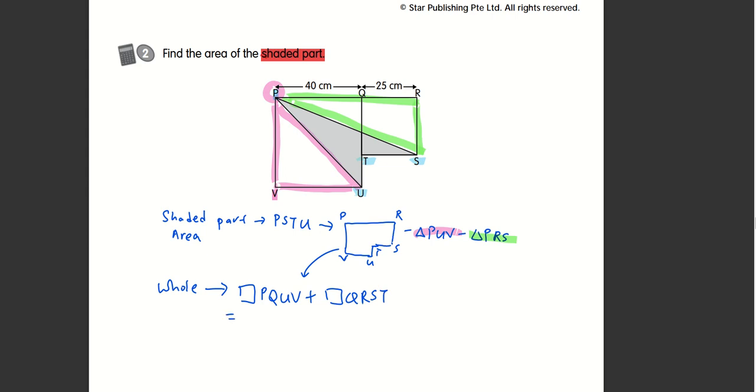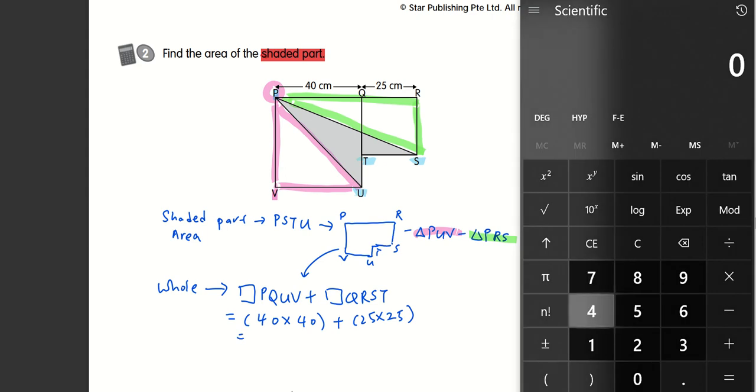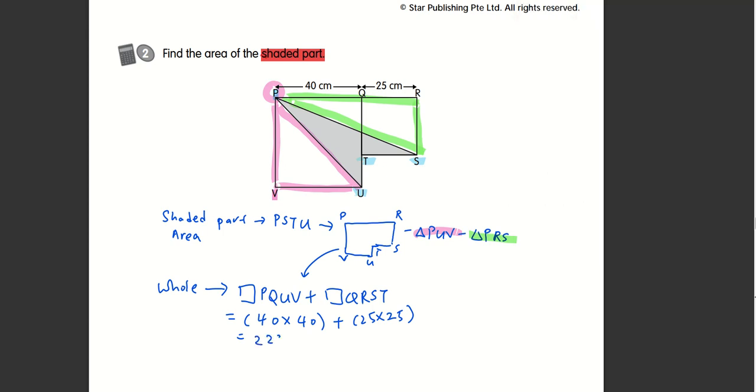This refers to a measurement of 40 times 40 plus 25 times 25. Since I'm using a calculator, bracket 40 times 40, close bracket, plus bracket 25 times 25, close bracket. That shows 625 is 25 times 25, and that gets me the answer 2225 square centimeters. So I have the whole.